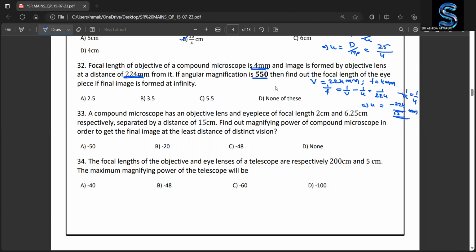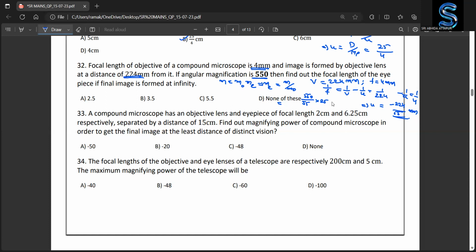But here we have to find out the focal length of the eyepiece, whereas the magnifying power of a compound microscope is given as the magnification of the objective lens into the magnification of the eyepiece. Then the magnification of the eyepiece is equal to m by m naught, which is equal to 50 by 5 into 20.